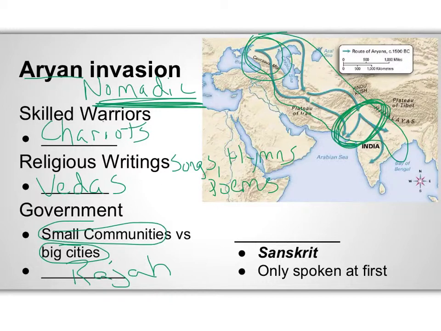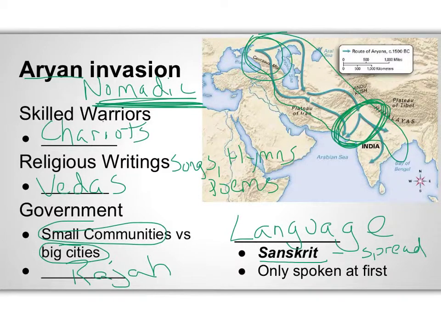Now together, all of the Aryans had a similar language, and that language was called Sanskrit. It's right here. It's the most important language of ancient India, because as the Aryans came in and took over, this language spread around India and became the basic ancient Indian language. At first, the Aryans did not have a written language. Sanskrit was only spoken at first.